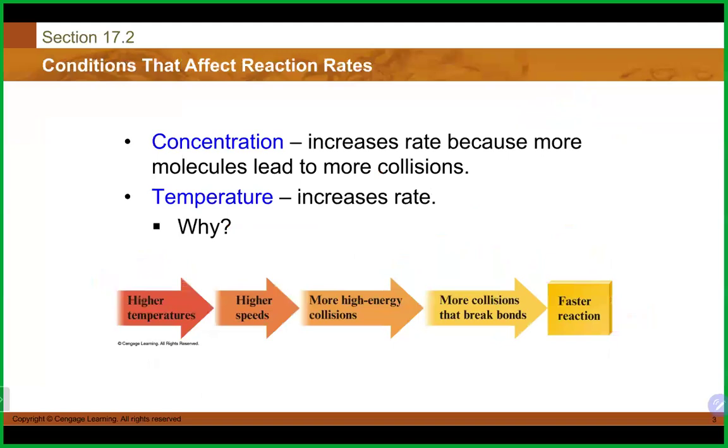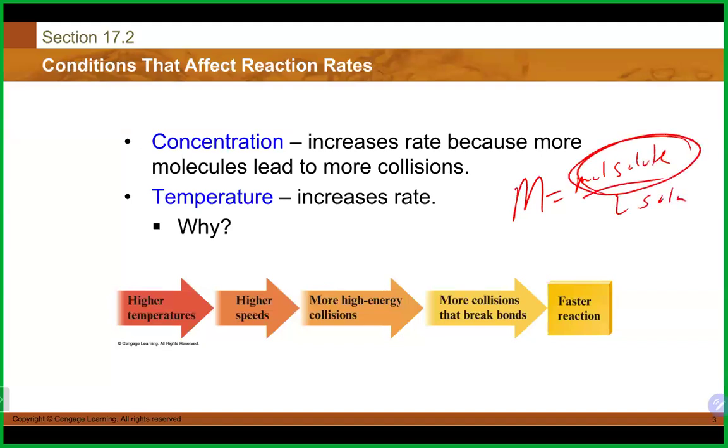Now, there are a lot of things that can affect the rate of a reaction: concentration and temperature. When we have a high concentration, for example, molarity, which is moles of solute per liter of solution, remember that it is the solute in a solution that is really doing the reaction.